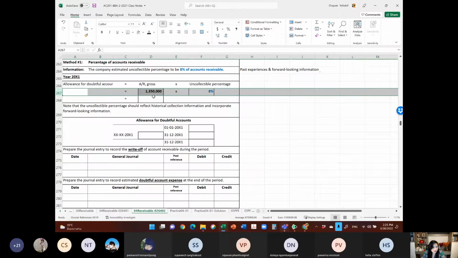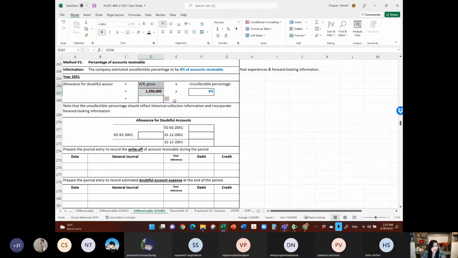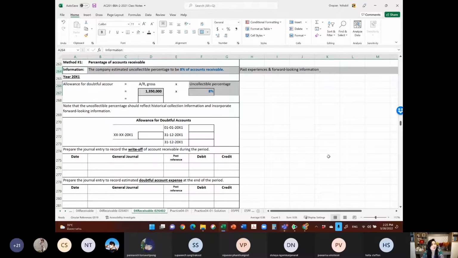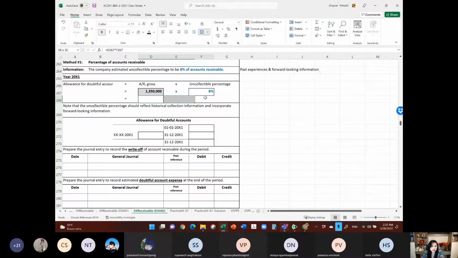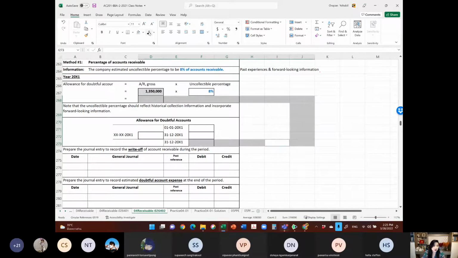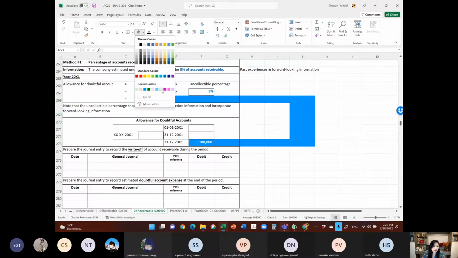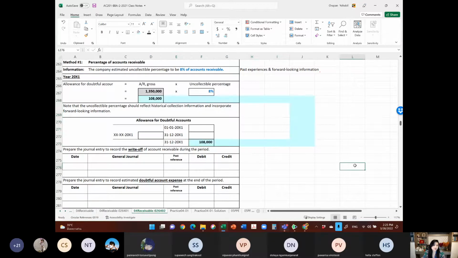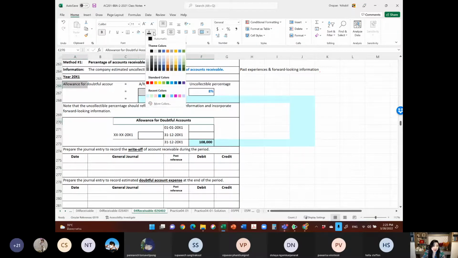If you take 1.35 million, which is the accounts receivable given, and multiply that by the 8% uncollectible percentage based on your past experience and forward-looking information, then you would get the balance of the allowance for doubtful accounts.